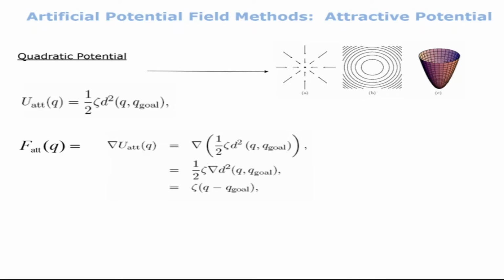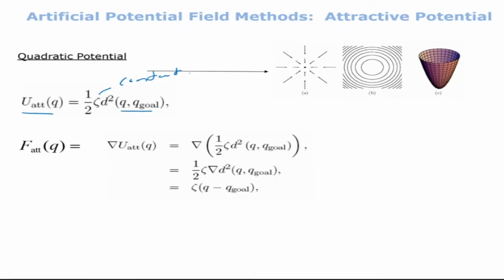Now the quadratic attractive potential is written as half zeta d squared of q and q goal. Again, zeta is a constant, and d is the distance between q and q goal, just like in the previous case.